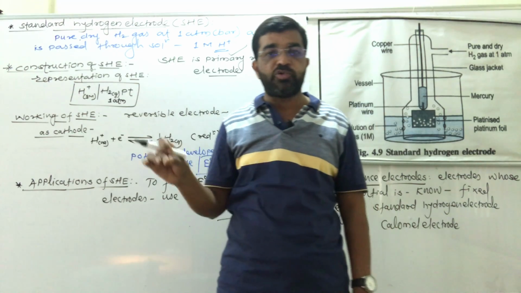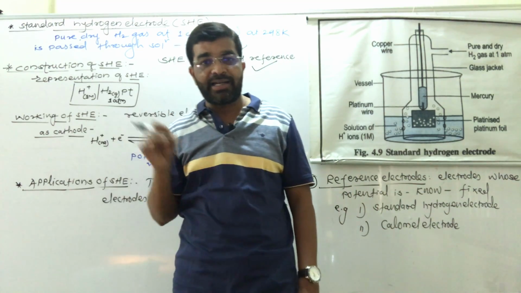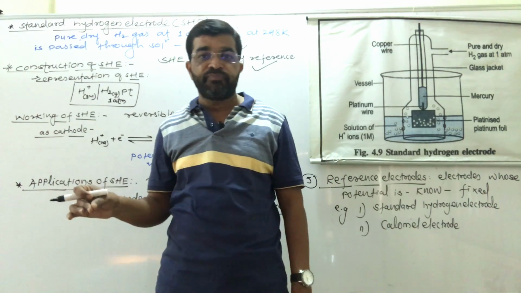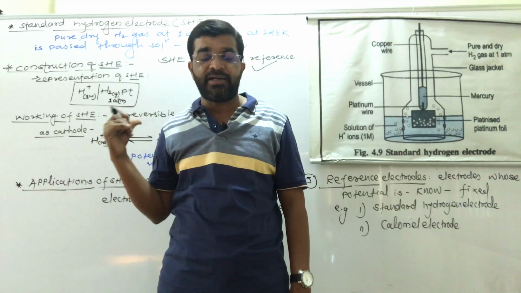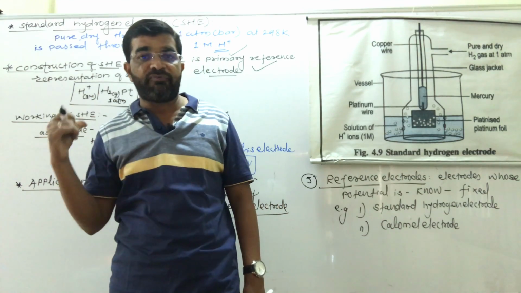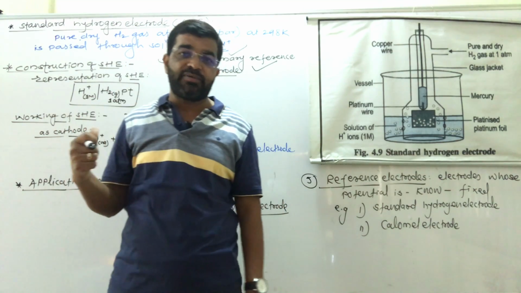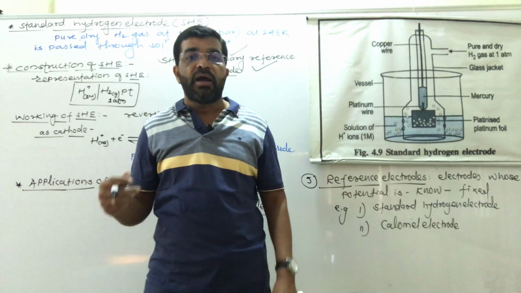Reduction potential values of all other electrodes are calculated by using the standard hydrogen electrode as a reference electrode. That is nothing but the application.